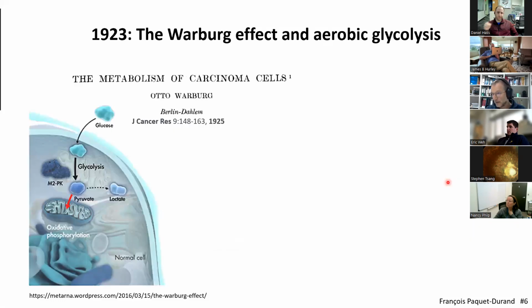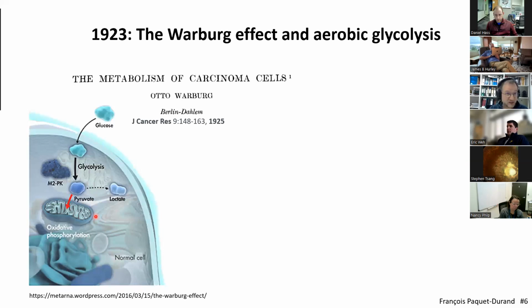Now, about 100 years ago, Otto Warburg came along, and he studied cancer metabolism. This was early days, and glycolysis hadn't been elucidated fully, but he found out that glycolysis happens in most organisms. The glucose would be split into pyruvate, which would enter oxidative phosphorylation.